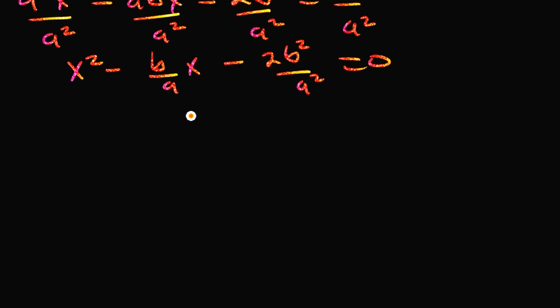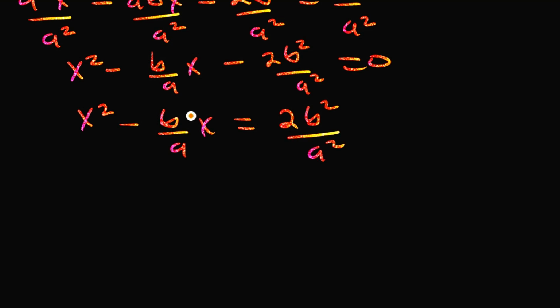So the next step would be to move the constant term to the right. So we have x squared minus b over a x is equal to 2b squared over a squared.